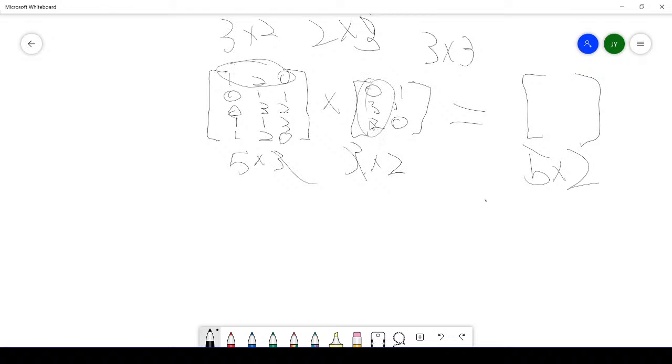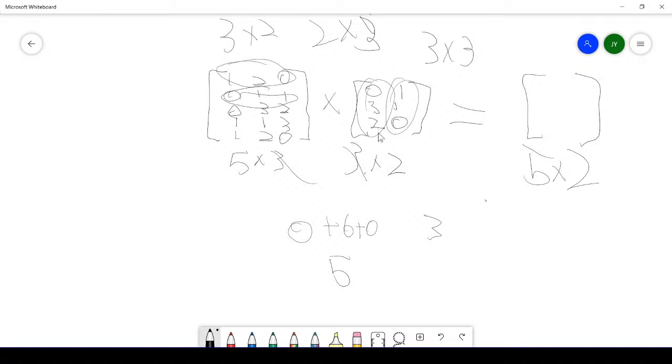So take this row here, multiply to here. 0 plus 6 plus 0. Multiply this to here. 1 plus 2 equals 3. Next row. 5.